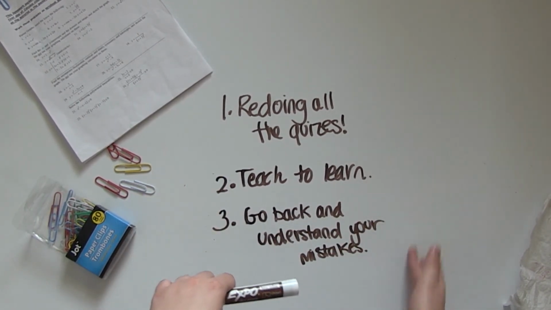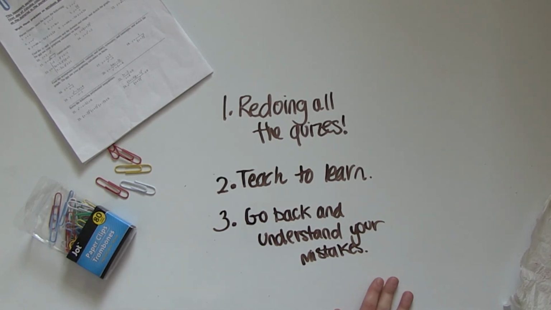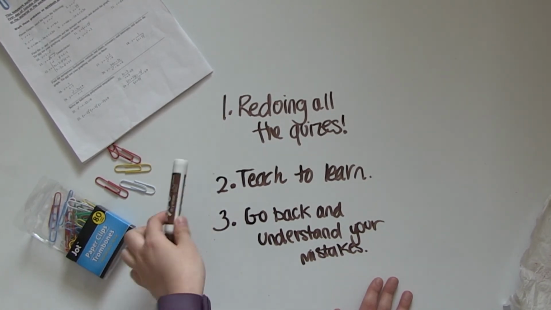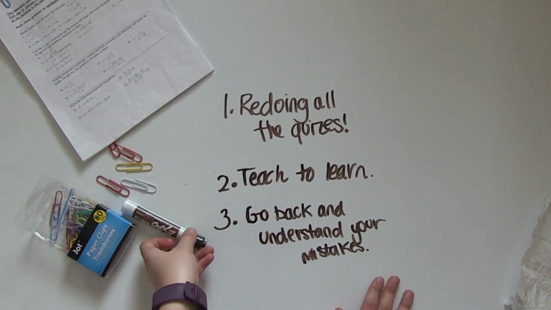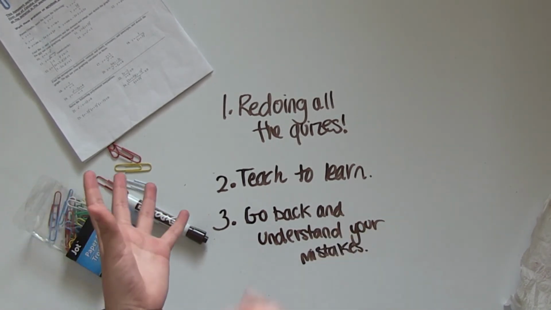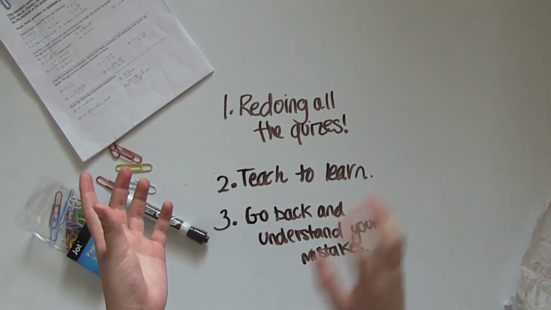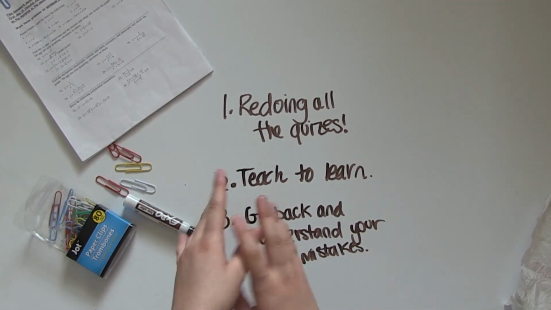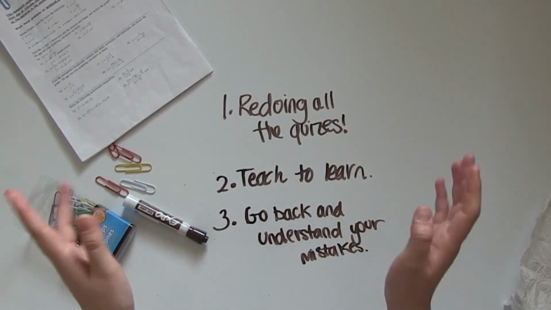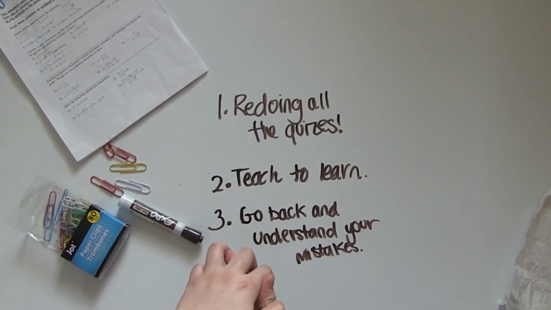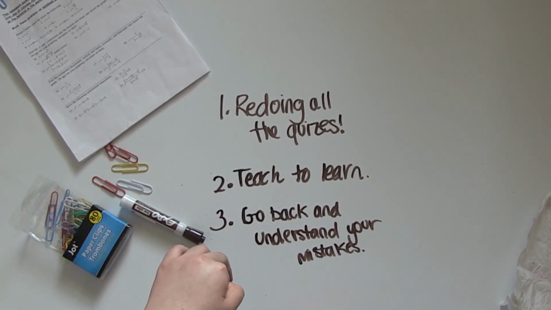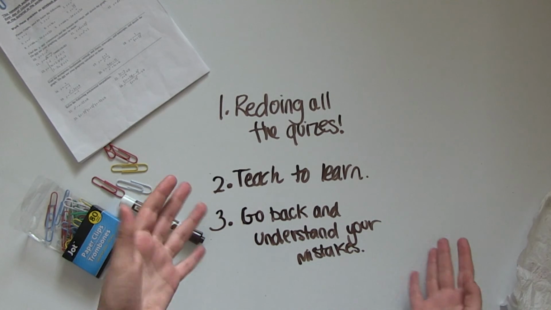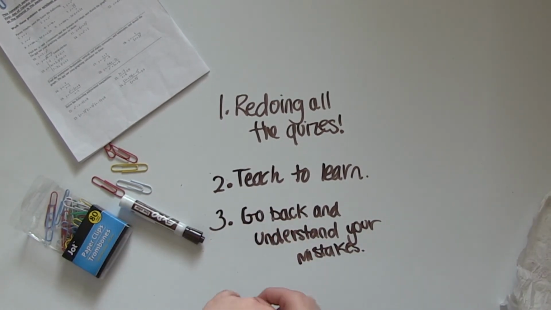Now these are the 3 tips that I have for you to study for your math tests, and this is the way I do it. There are many ways, but this way has helped me a lot during all the classes that I've taken in high school and middle school for math. And this method also works for science classes as well.